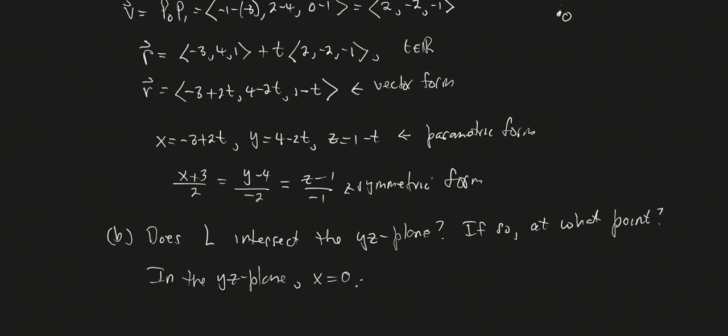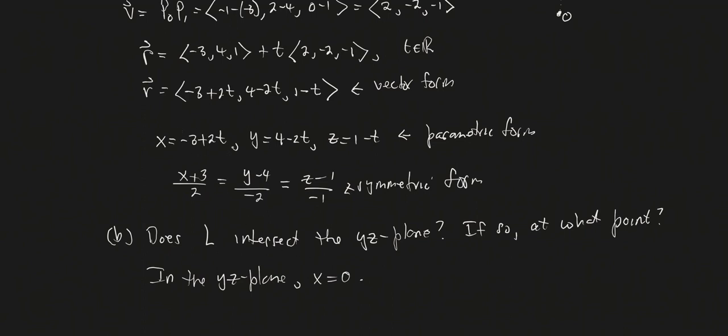So if x must be equal to 0, then we can figure out the value of t that will make the x component equal to 0. And once I know the t, I can figure out the y and the z, and that would give me the point.